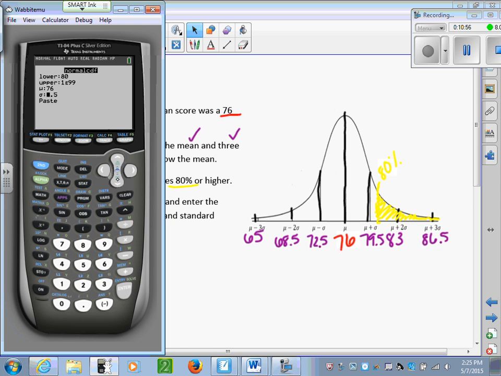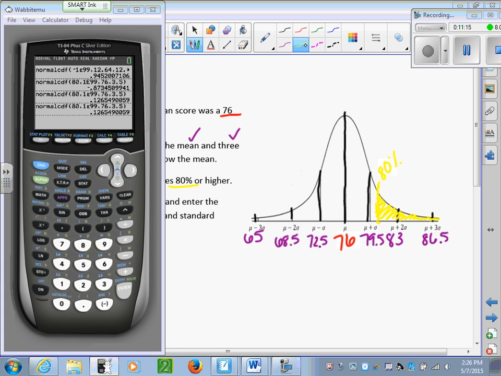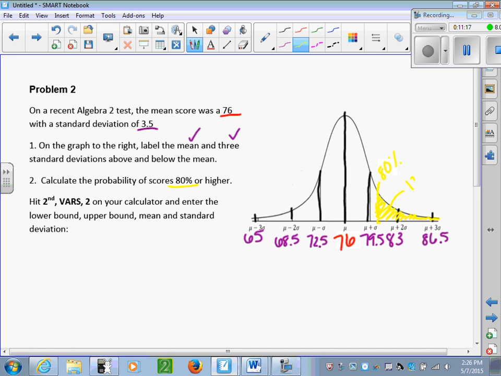My standard deviation is 3.5, also given to me, so I can push enter. And enter again. So 12.7%, if we round that, 12.7% of students scored 80% or higher. Okay? So remember, this shaded region is 12.7%. Scored 80% or higher. So here the answer would be 12.7% of students.